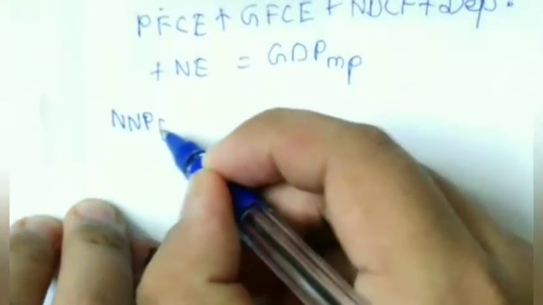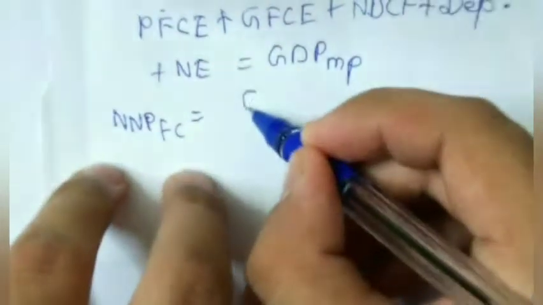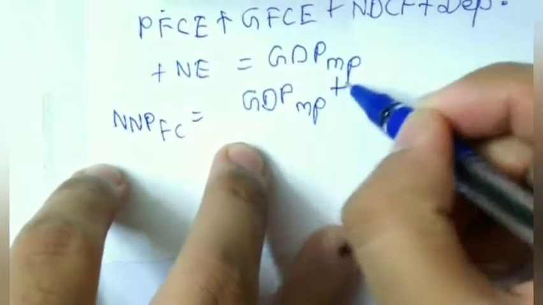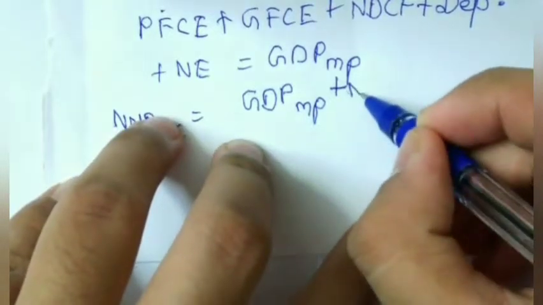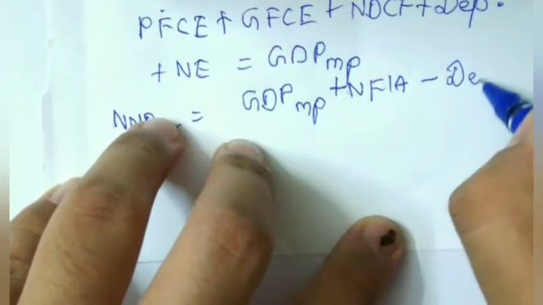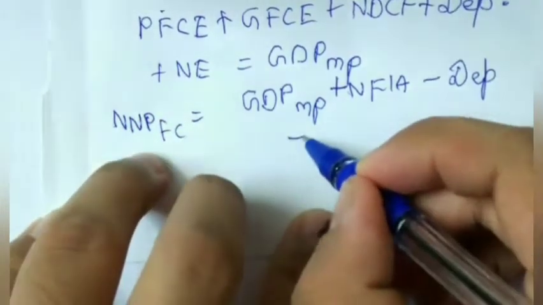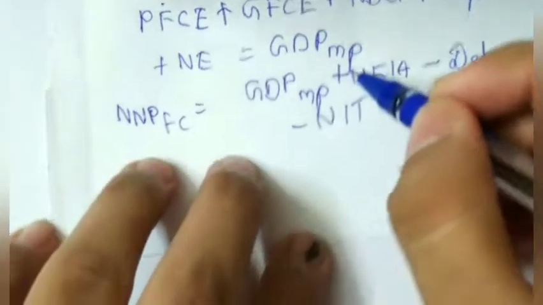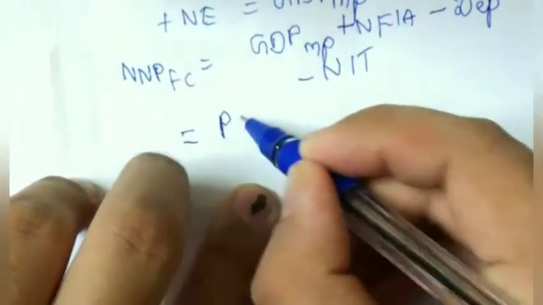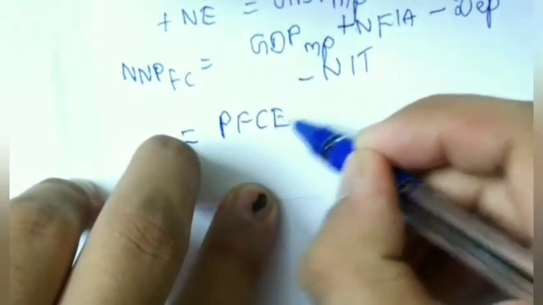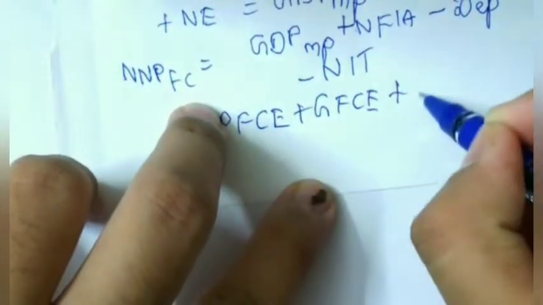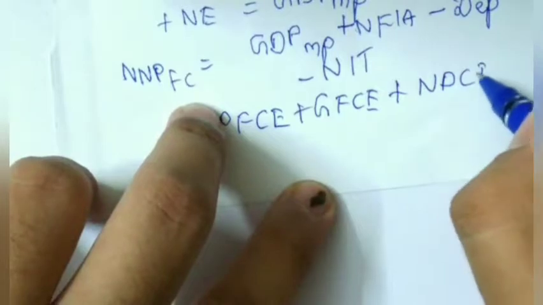National income or NNPFC will be equal to GDP MP plus NFIA minus depreciation minus NIT. So this will be equal to private final consumption expenditure plus government final consumption expenditure plus net domestic capital formation.